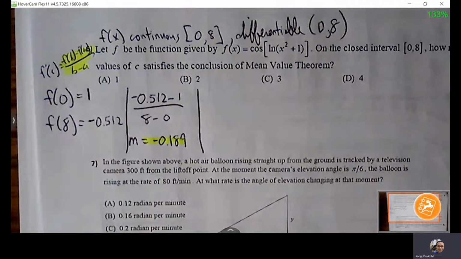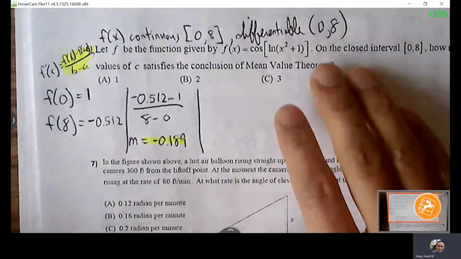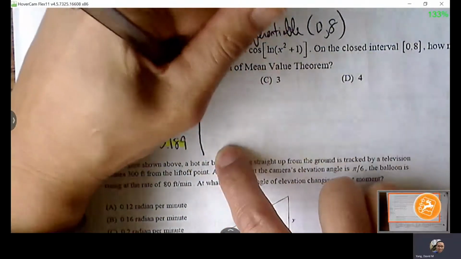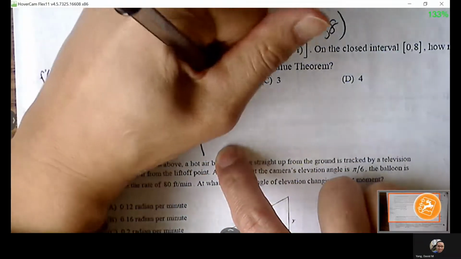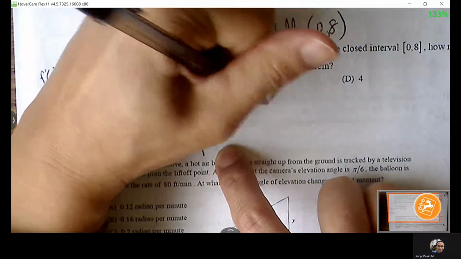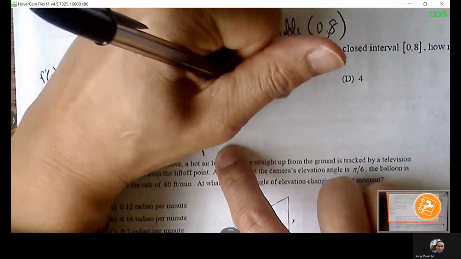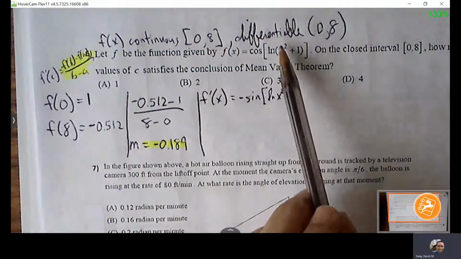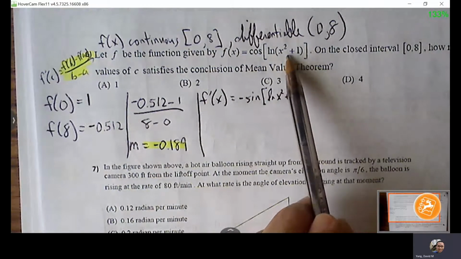We have the slope. We're going to set that number aside. And now we're going to turn to the derivative. So to get to the derivative, we have to go through chain rule. Cosine of u becomes negative sine of u times u prime. So u prime is 2x over x squared plus 1.